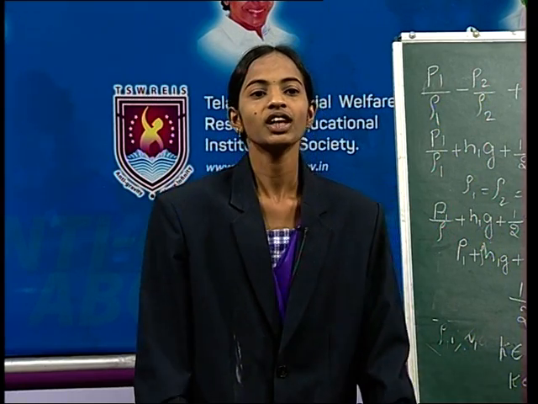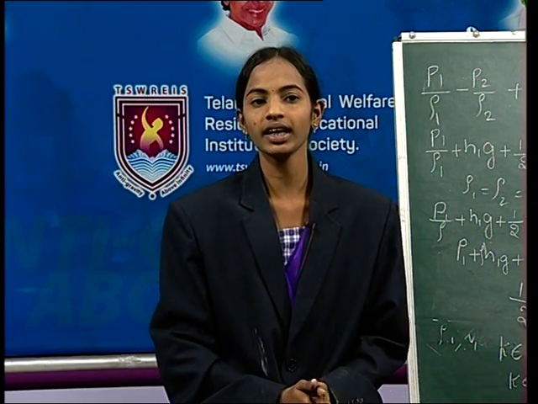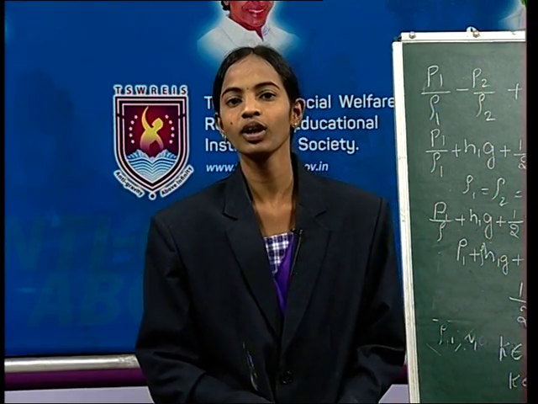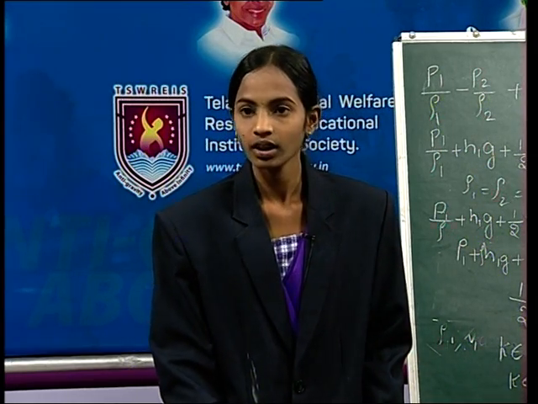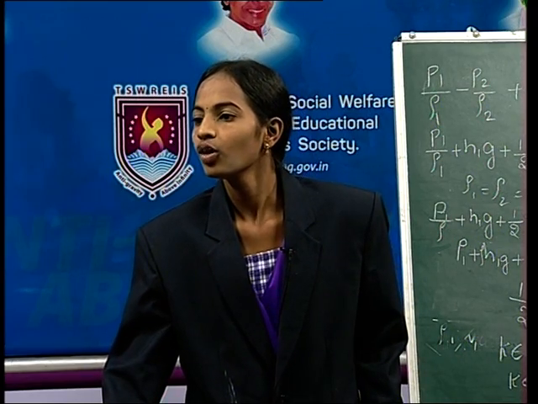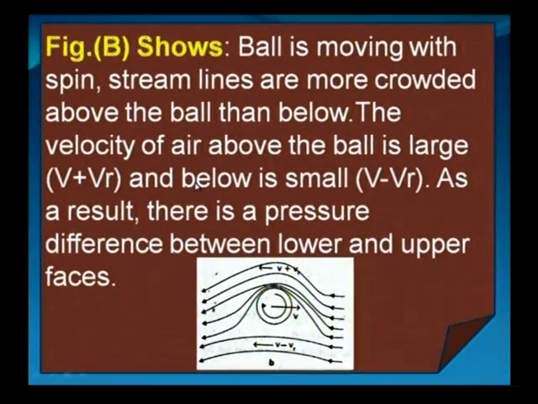Today we learnt about statement, proof, applications of Bernoulli's principle, and we can find many examples of Bernoulli's principle in our daily life. See here, we already discussed this figure A, what is figure A showing and what is figure B showing. This is a very important question from this topic, and this question carries 4 marks.